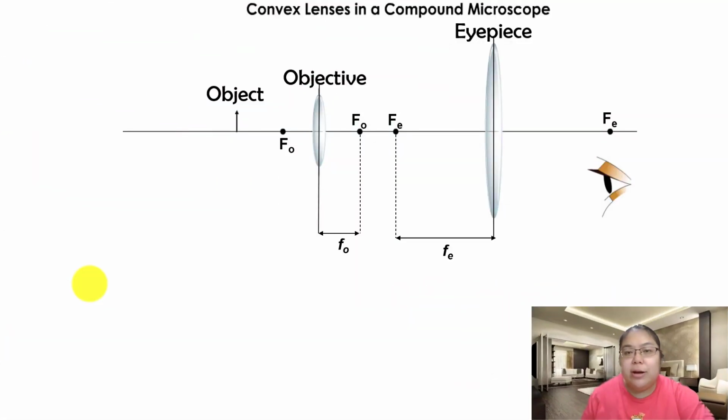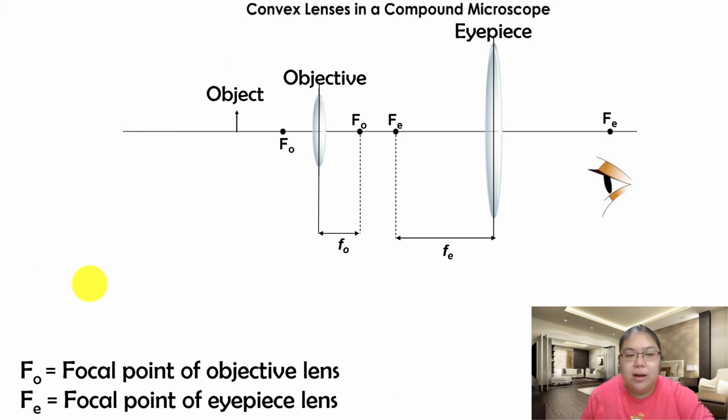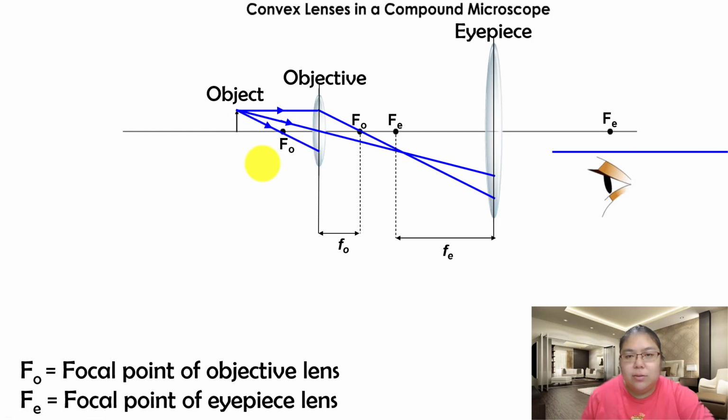Okay, now I redraw again. First ray. Before the first ray, I want to show FO and FE. Then continue, go to FO. This one is slow motion. This is the FO distance. This is the FE distance. Now I join the third ray from the object center, going straight. Then I draw the second ray also.